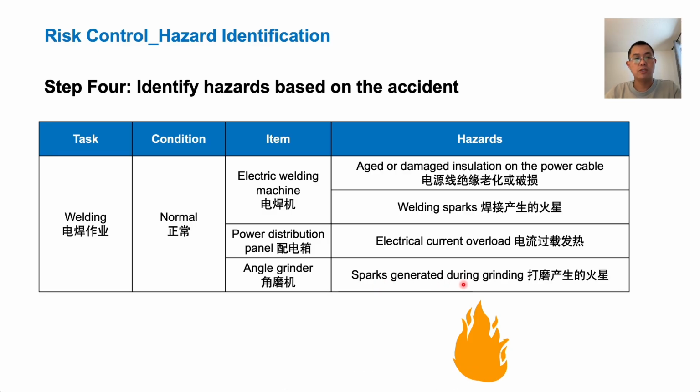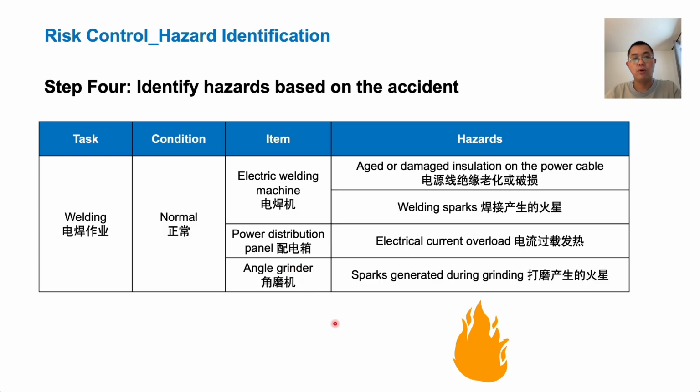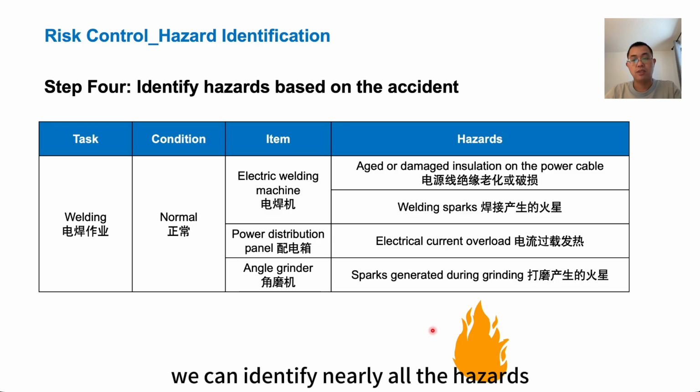So in short, in step 3, we identify all the hazards associated with each item. And in step 4, we find out all the hazards associated with each accident. And by combining those two methods, we can identify nearly all the hazards.